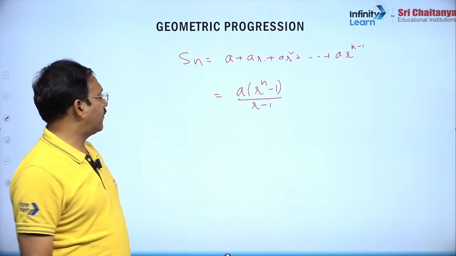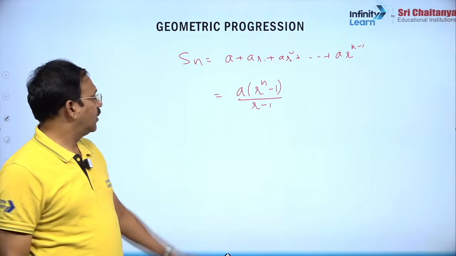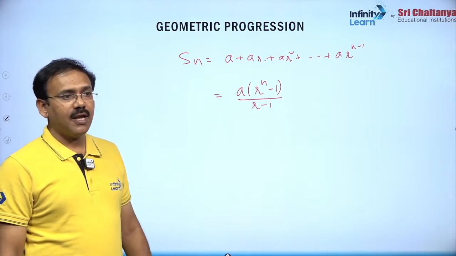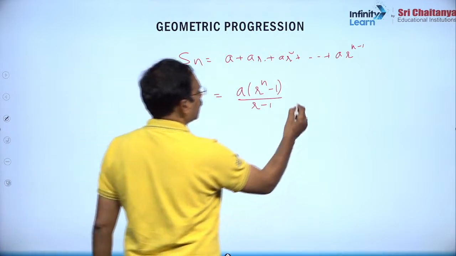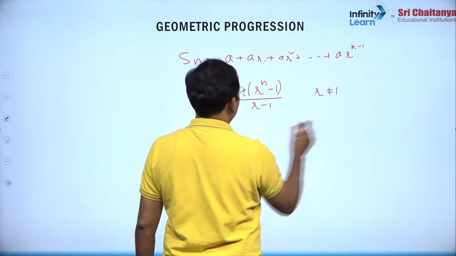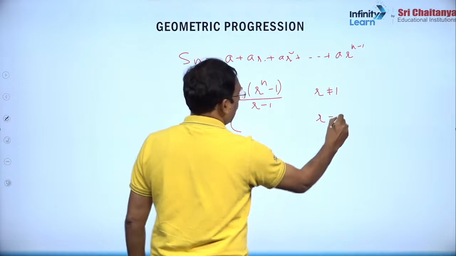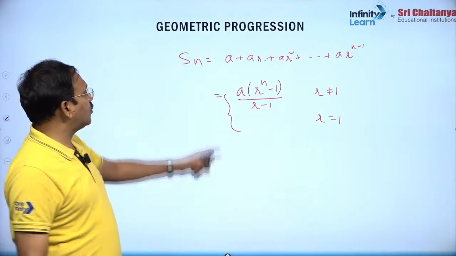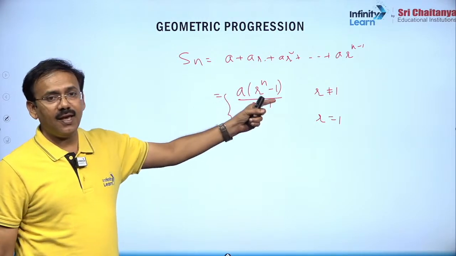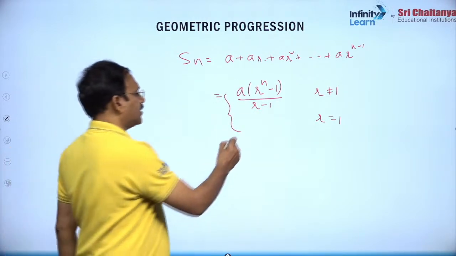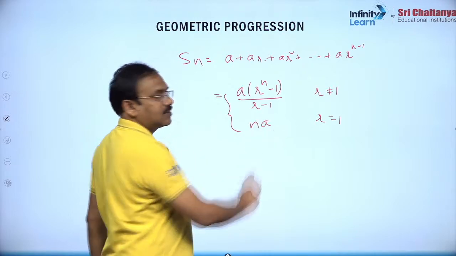This is going to be the sum of n terms, A into R power n minus 1 by R minus 1. Do remember friends, to apply this formula R should not be 1. So, what if R is equal to 1? If R is equal to 1 my dear friends, you will get each term is A. So, n terms of A will become nA, simple.